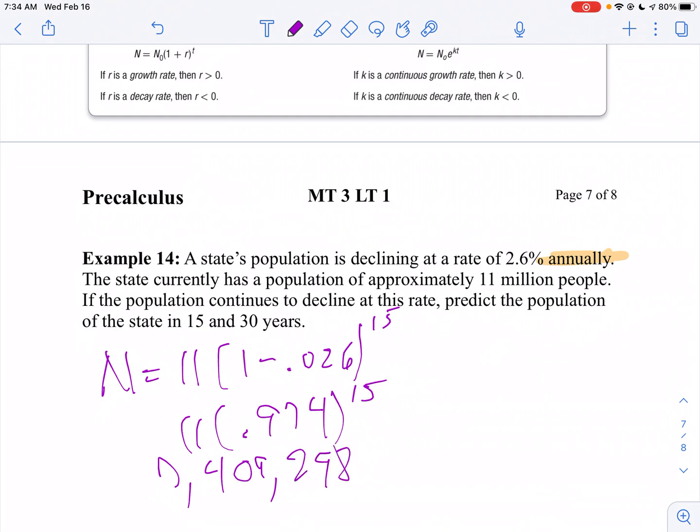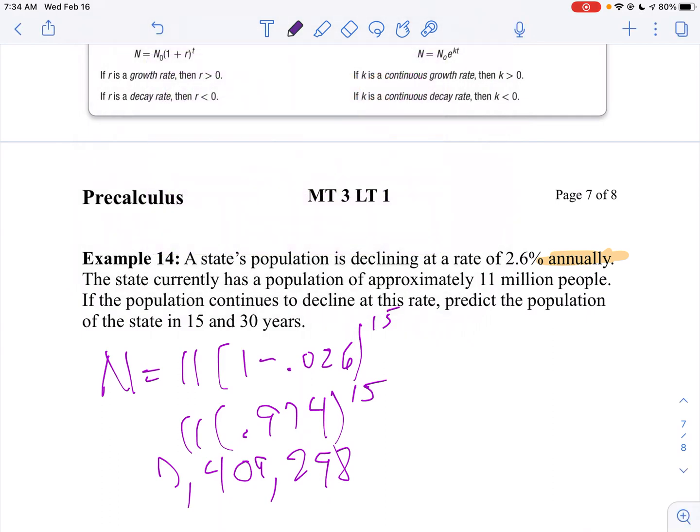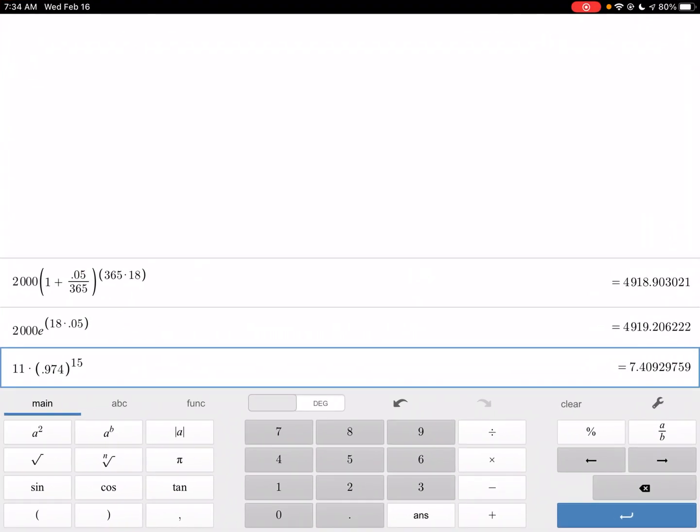Now, let's do it for 30 years. The only thing I'm going to do on 30 years is change my exponent to 30, but otherwise it's going to be the same. So n equals 11 times 0.974, raised to the 30th power. So we'll do that in the calculator here.